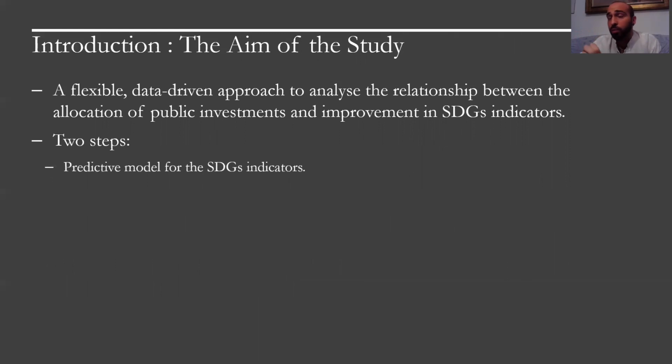In the first one, we use the information that we have on the historical trends of the indicators and public expenditure to build a model that we can use to predict an improvement in the SDGs indicators. Then in the second step, we use that model to identify those expenditure categories that are the most relevant to our predictive model.